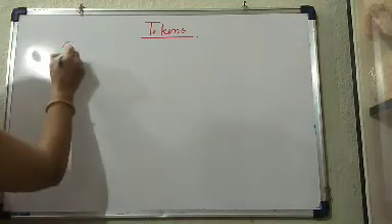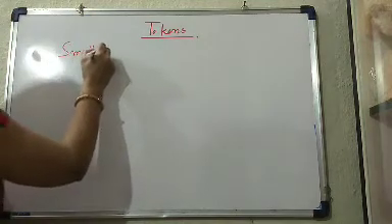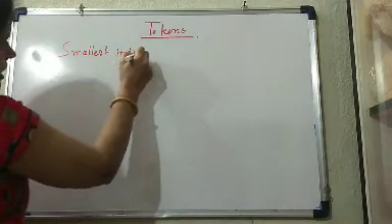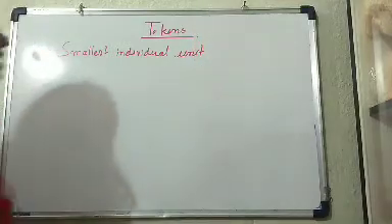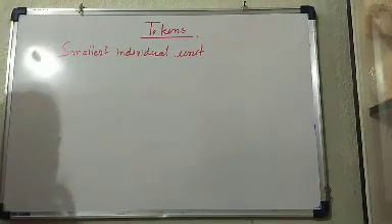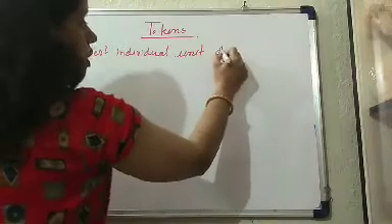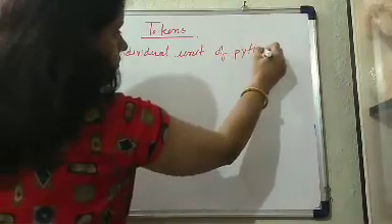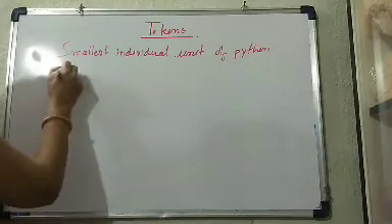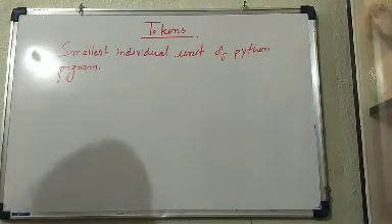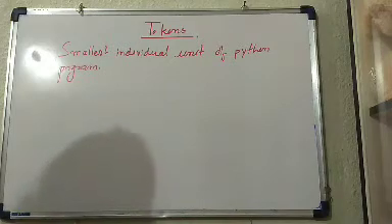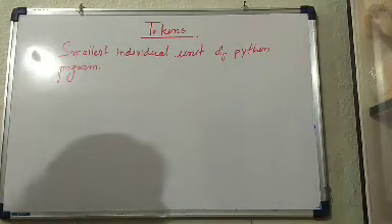Token is the smallest individual unit of a Python program. It is the smallest individual unit of a Python program. So what is the smallest individual unit? Each word used in that language.